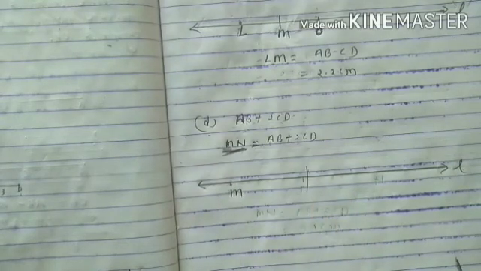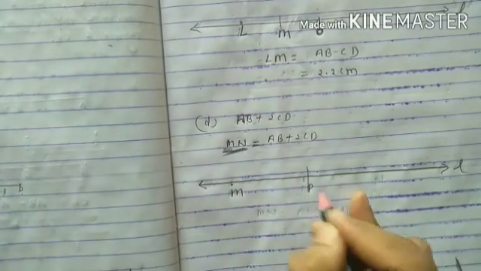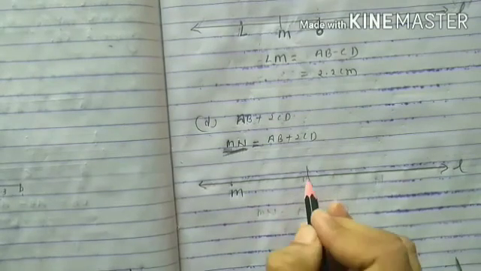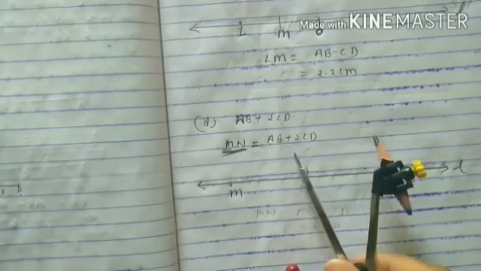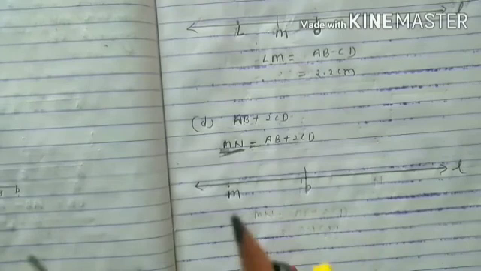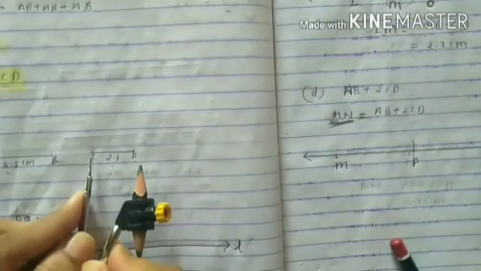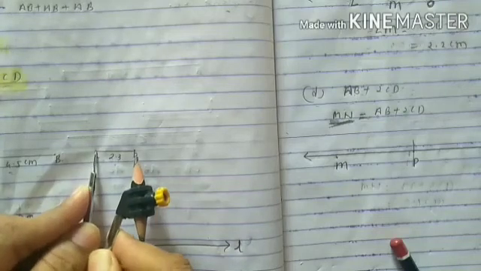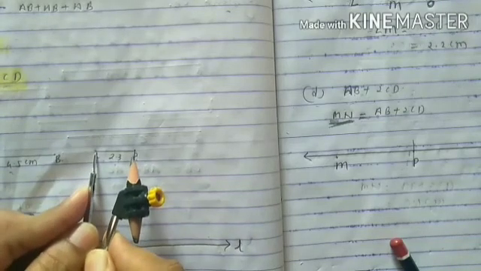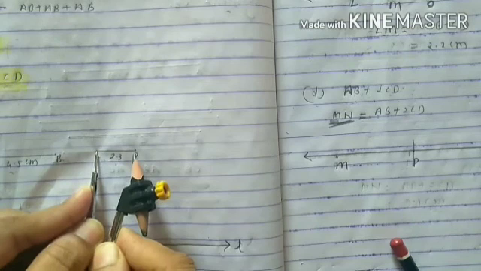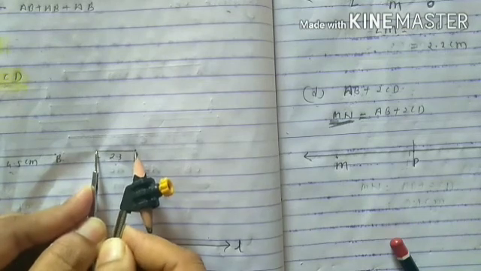Now give it a name. Let us give it the name P. This arc is named P. After that we have to find 2CD. So 2CD means I have to take a line segment equal to CD. So keep metal point at C and this pencil point at D. So it is equal to CD.